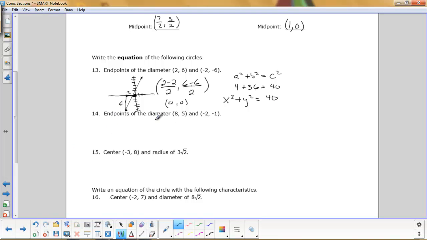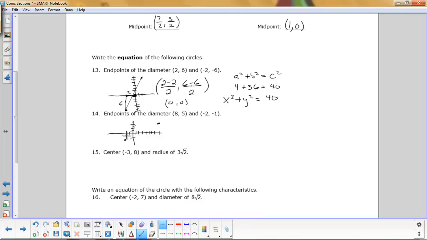All right, endpoints of the diameter again. So this time I'm going to go ahead and draw this: 8, 1, 2, 3, 4, 5, 6, 7, 8, 1, 2, 3, 4, 5. And that one's going to be -2, -1.